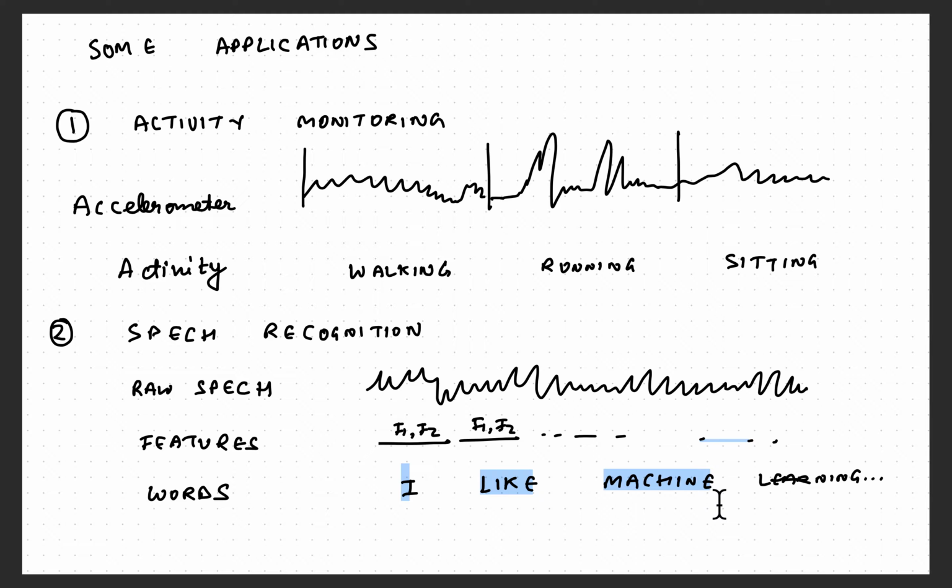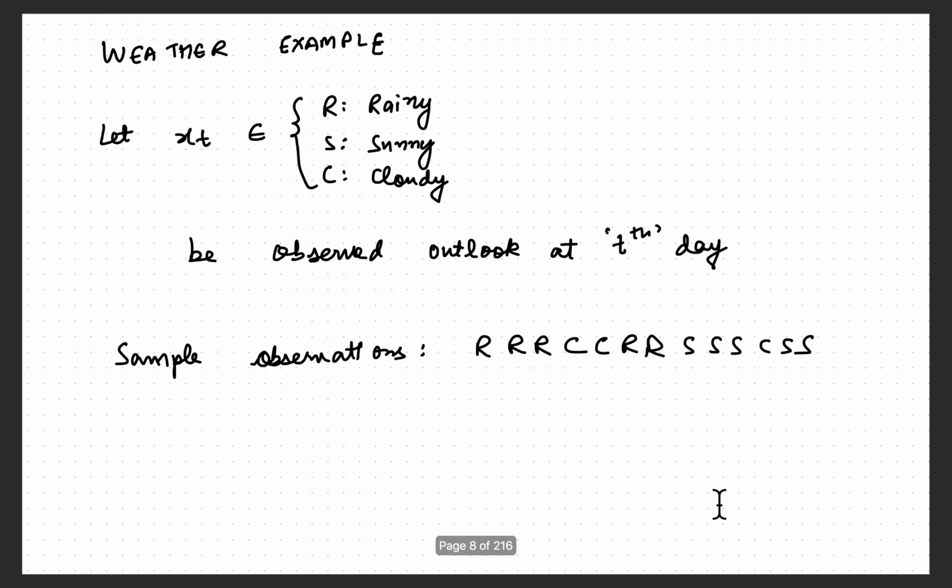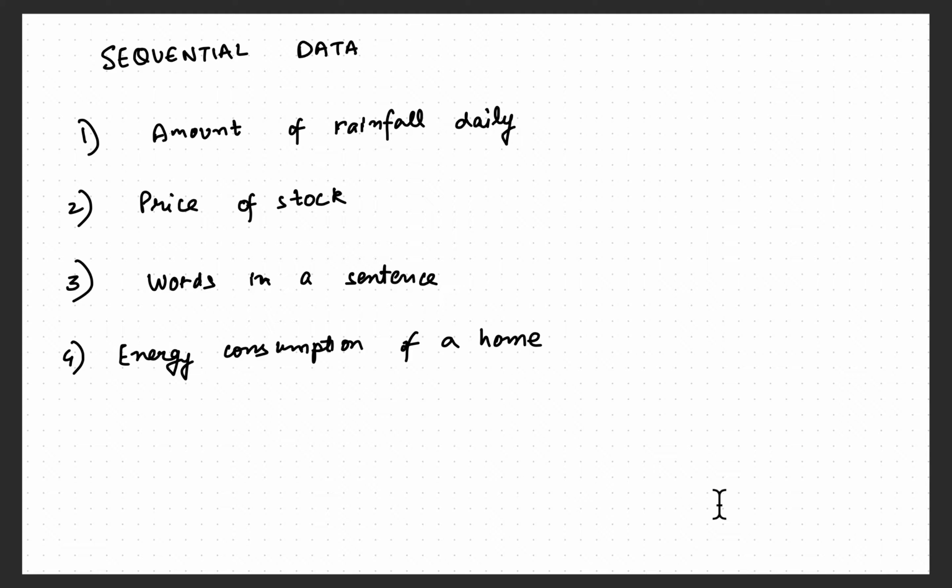I would say pretty high, because what could be the alternatives? I like machine drawing, I like machine parts, I like machine cleaning. Amongst those, learning seems to be more suitable. There could be other kinds of sequential data also, like the energy consumption of a home.